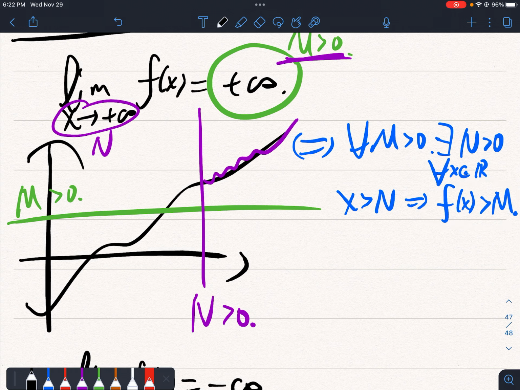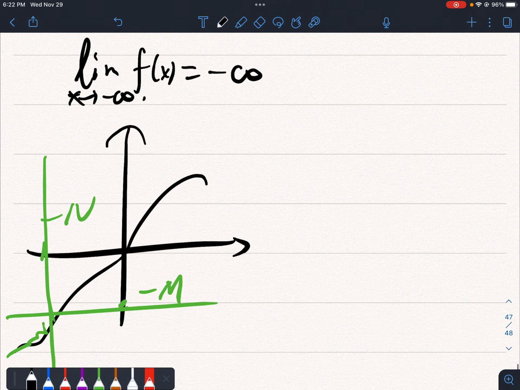We use m and n to be positive just to make things easier, because we want to evaluate some inequalities. And if we have some negative numbers, then we have to change the sign, and we don't want that to happen. So usually we'll just choose the positive numbers m and n, okay?